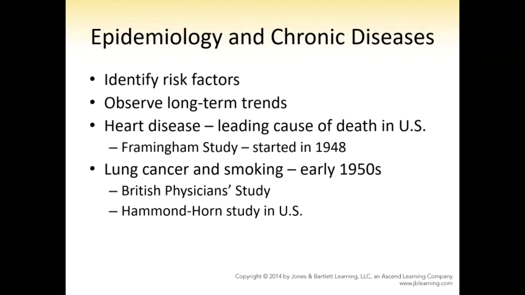And so, for example, there's heart disease, which is the leading cause of death in the United States. In your textbook, go ahead and read about the Framingham study, which started in 1948. Regarding lung cancer and smoking, in the early 1950s is when they started identifying a link. And that was done through the British physician study and the Hammond-Horn study in the U.S.